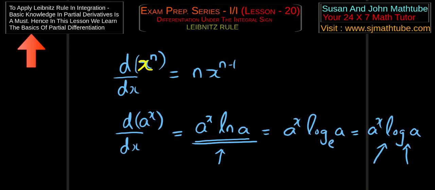And the second one, a is a constant and x is a variable. I'll give you an example, 7 to the power x. Okay, this one, constant to the power variable. 10 to the power x, exactly this one, constant to the power variable. X to the power 4, okay, variable to the power constant.